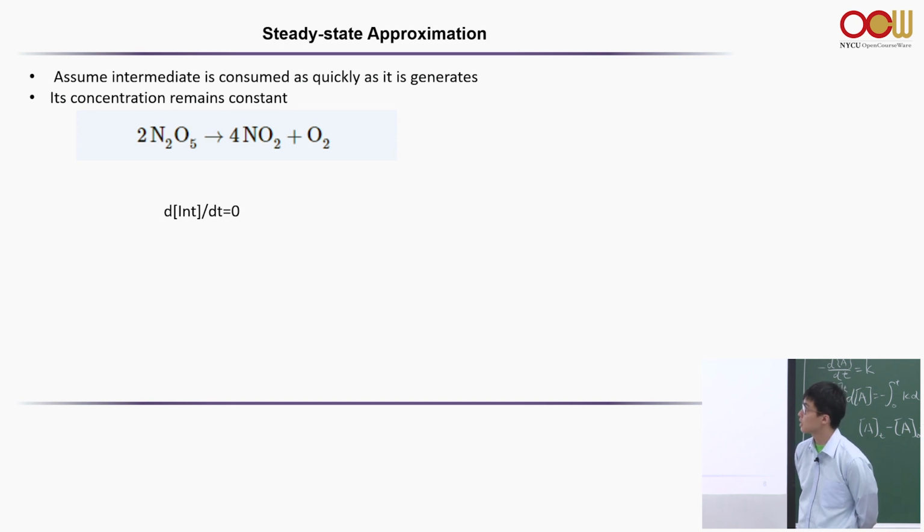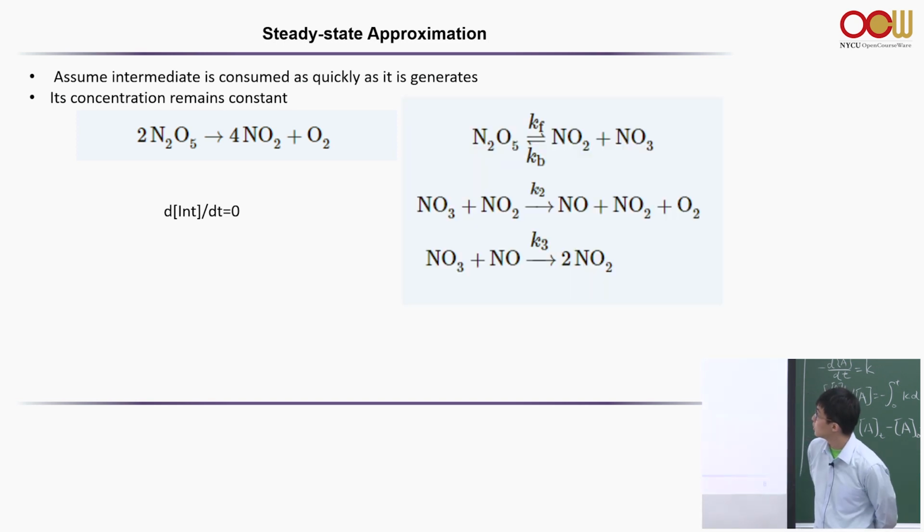So this intermediate, INT, what I drew here, its change with respect to time is 0, okay? As soon as it's formed, it's being consumed, okay? So the process of forming it will be the rate limiting step, okay? So these are the mechanisms for such a reaction.